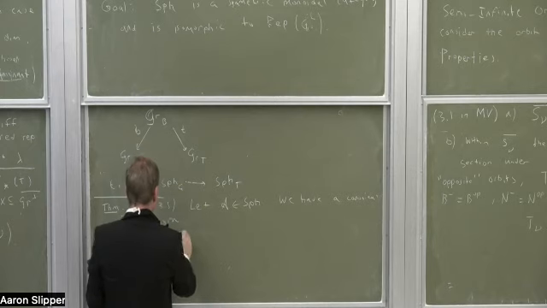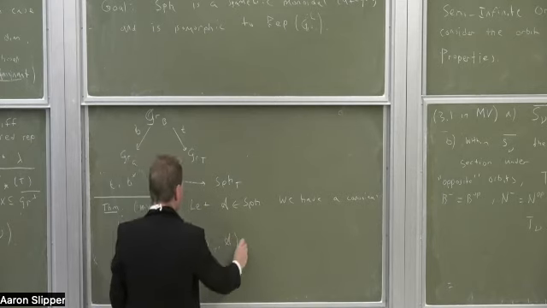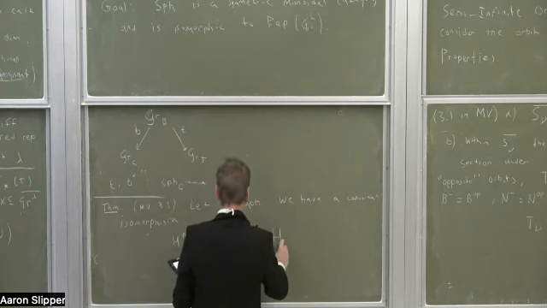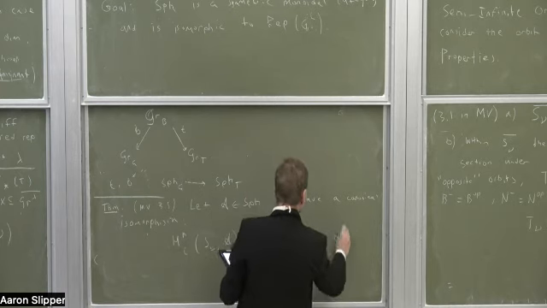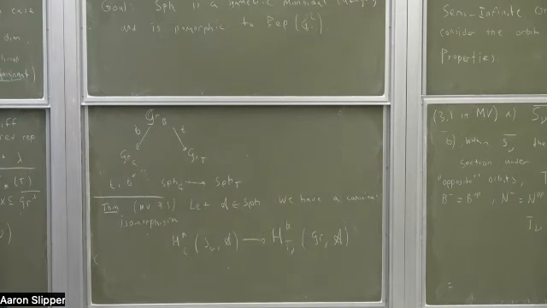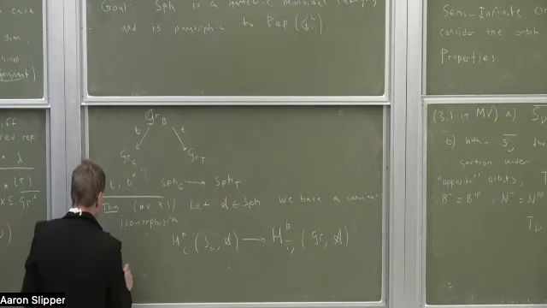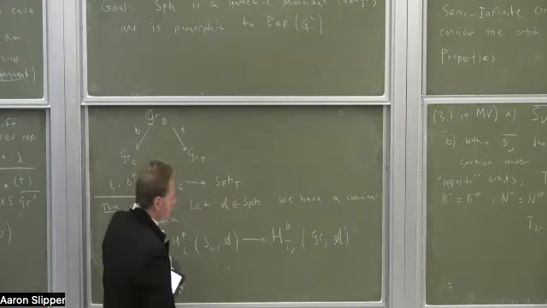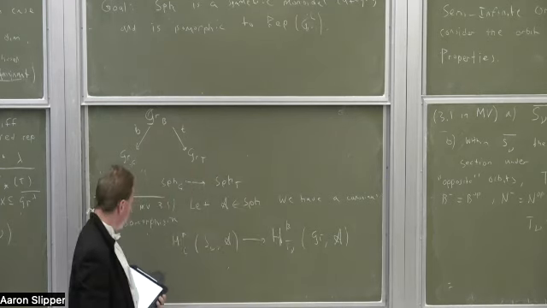Compactly supported cohomology with coefficients in A maps to the restricted cohomology. Moreover, that's S_T, so this is on the opposite one.